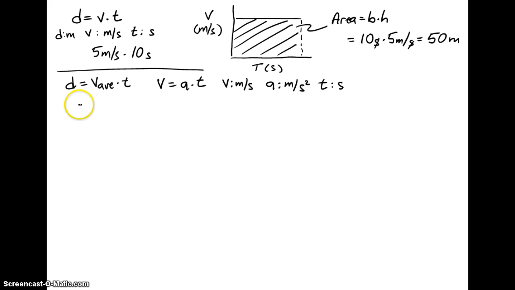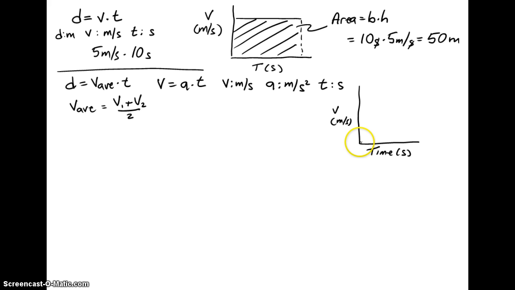Now, if I am changing uniformly, then I know my average is really just equal to my beginning value, which I'm going to call velocity 1, plus my final value, divided by 2. So I've created this graph over here, and uniformly changing motion would just be our velocity versus time changing at some constant rate.